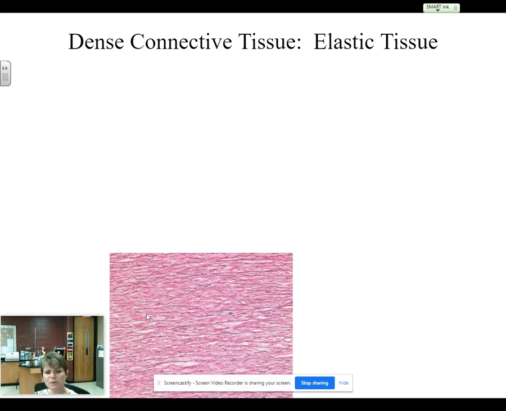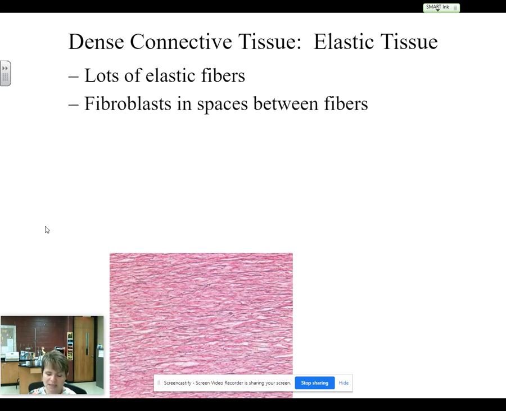Okay, elastic tissue, again, this is another one you will not have to identify for me. As it sounds, it has lots of elastic fibers. That's why it's called elastic tissue. Even though it's going to have collagen, it's also going to have elastic fibers. Just like the dense regular and irregular, it is going to have fibroblasts producing these fibers. And again, it is stretchy.